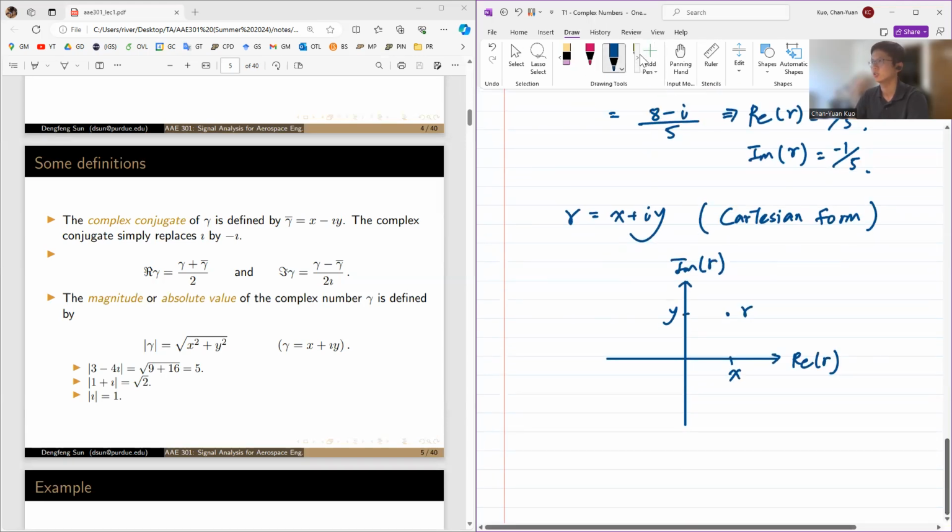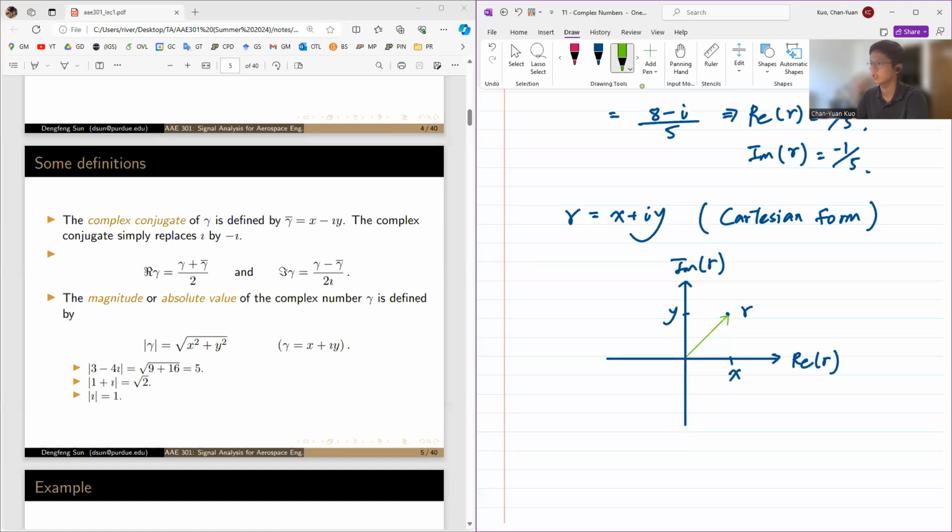One is a directional vector, and the other is the length of that vector. Essentially, we can create a vector that points to this complex number on the complex plane from the origin.